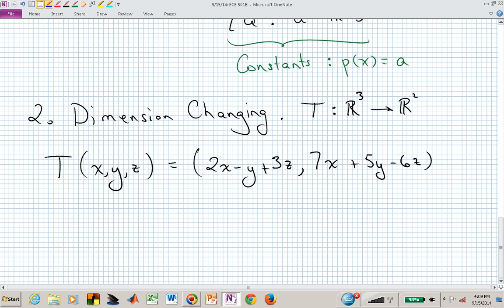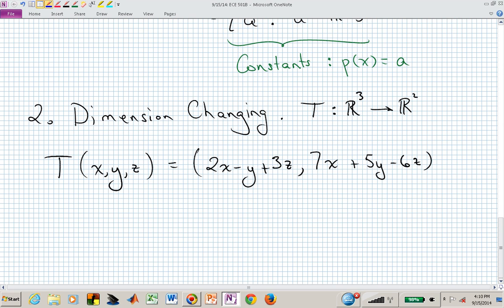This is the definition of a linear map that changes the dimension. We're going from a point in 3 space to a point in 2 space by this relationship of x, y's, and z's in the different coordinates of R2.